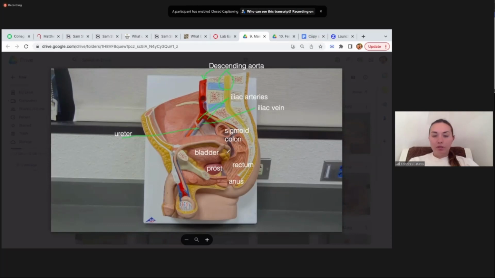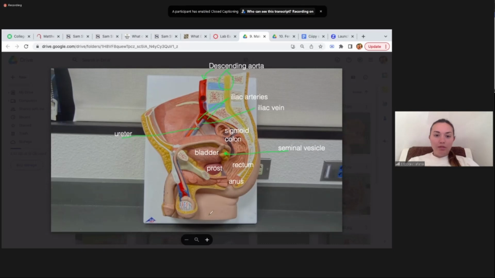This is all stuff that could be on the test. This little fatty looking yellow thing is called the seminal vesicle. When we look at the outline in just a second, you guys are going to see what that does as part of semen production. So there's the seminal vesicle, prostate.